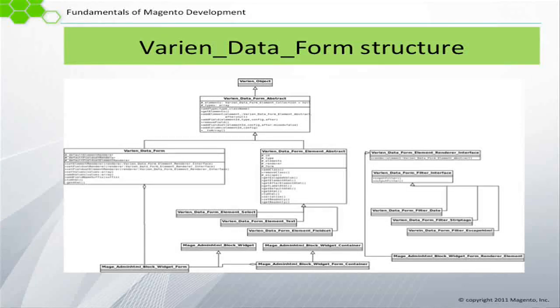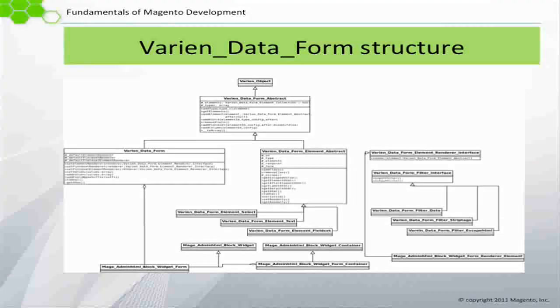So just like several of our other UML diagrams, one of the nice things to note is all of this springs forth from Varien object. But what we have are all sorts of different elements. So we have the form itself, the block widget form, and the container.